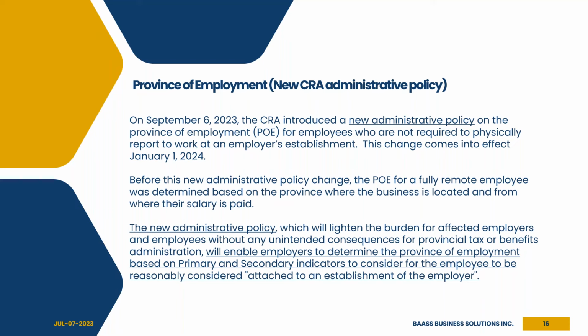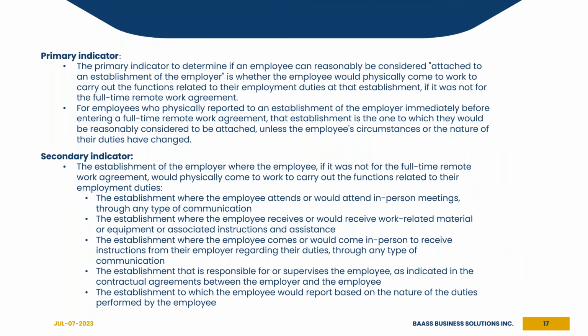So that has changed, mainly because more and more people are working remotely, and this way it allows the employer to go through the primary and secondary indicators to identify the province of employment for taxation purposes for an employee. The primary indicators are pretty extensive. Generally, all the indicators need to be reviewed together in order to determine whether the employee is reasonably considered to be attached to an establishment of an employer.